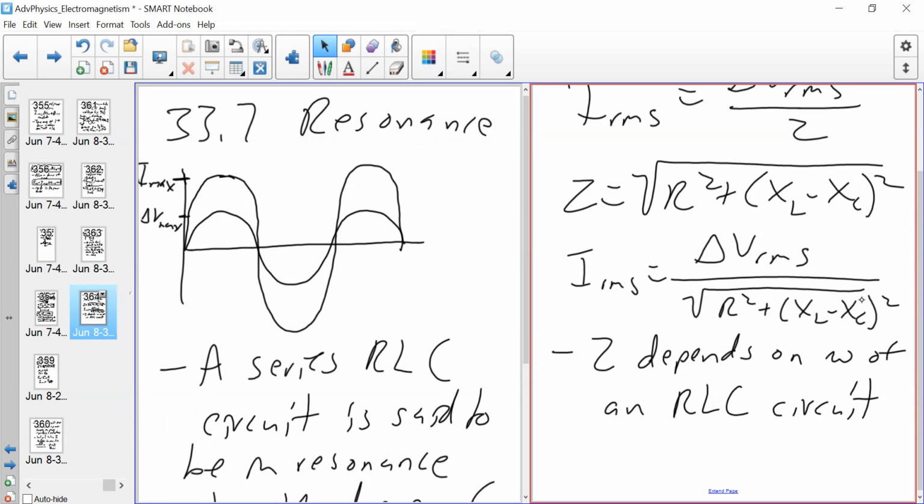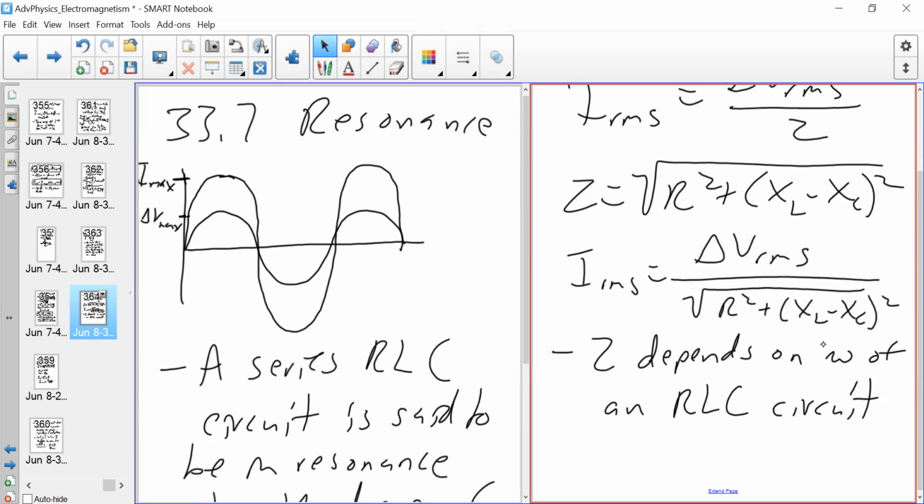So we're creating the oscillation by way of the alternating voltage source that sets up this frequency, this sloshing back and forth in the inductor and capacitor. That's why we have inductive reactance and capacitive reactance as opposed to just pure resistance here. And that also leads up to what I was saying before, that the Z depends on omega.